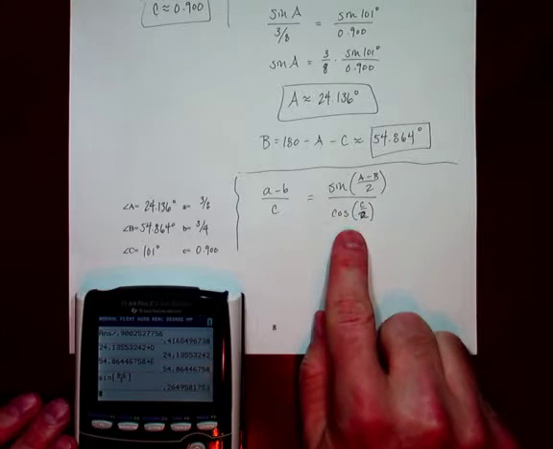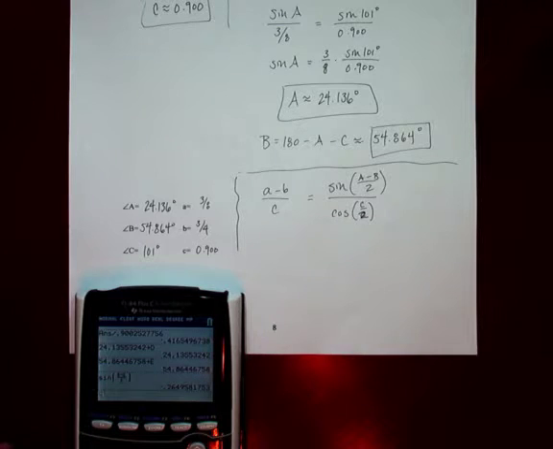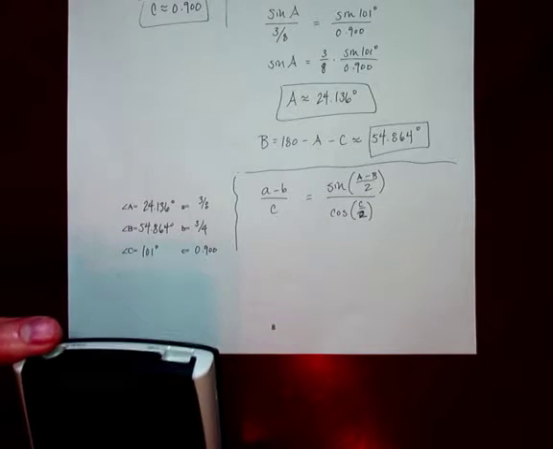Now I need to divide it by this cosine, cosine of 101 over 2, and I get 0.636. Now, did I do that correctly?